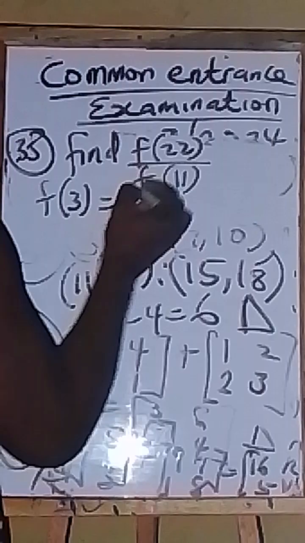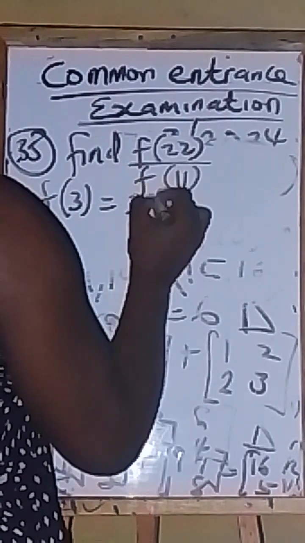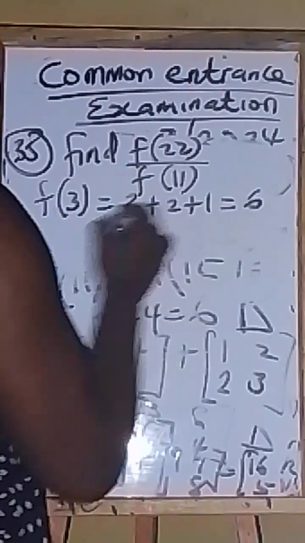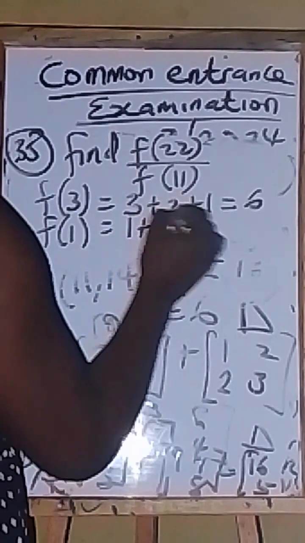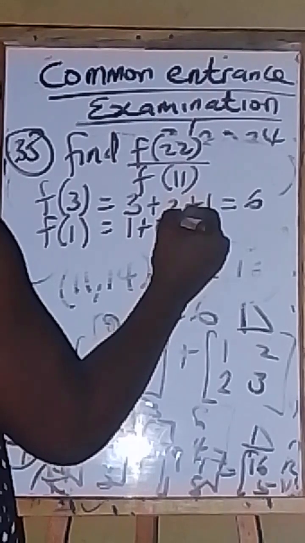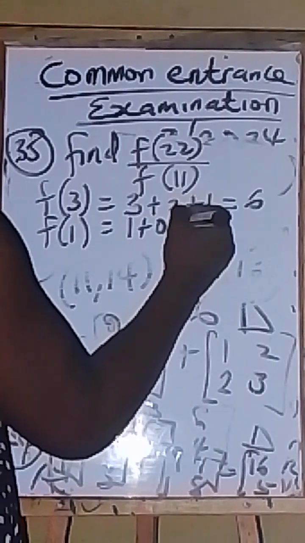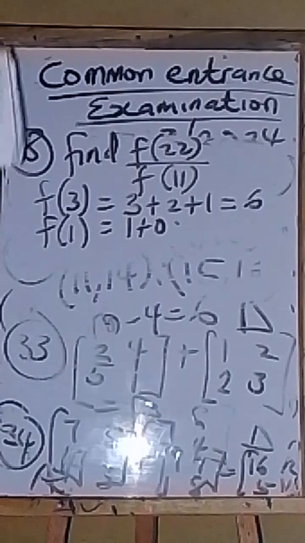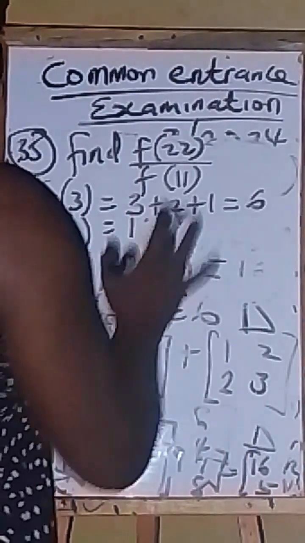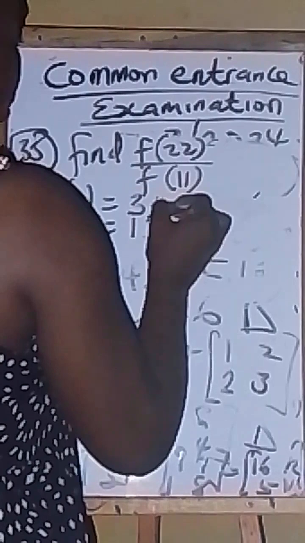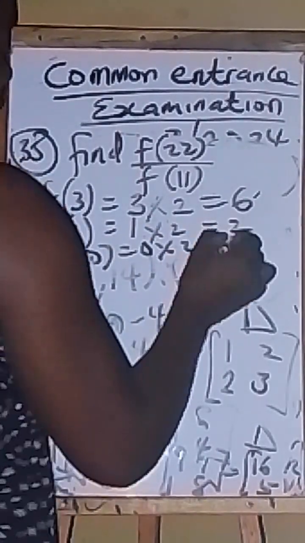Let's start from f of 3. 3 plus 2 plus 1 will give us 6, so it is 3 times 2, 6. f of 1 is 1 times 2, which is 2. f of 0 means 0 times 2 is 0.